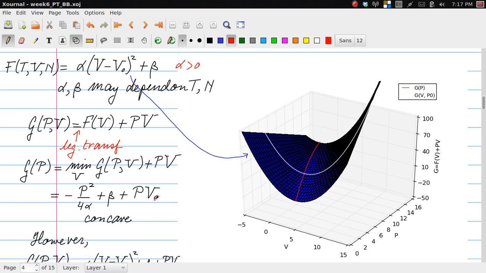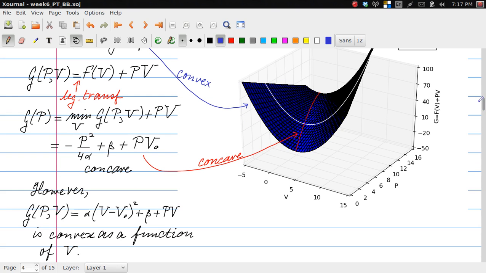So the red curve is a function of P, as you can see, and of course for each P we have a different minimum, so we see also that the V shifts a little bit, but once we fix P, then V is also fixed, and that's why we are now on the red curve, which as you can see is a concave function. It is a function which has a maximum. The free energy was convex because it has a minimum.